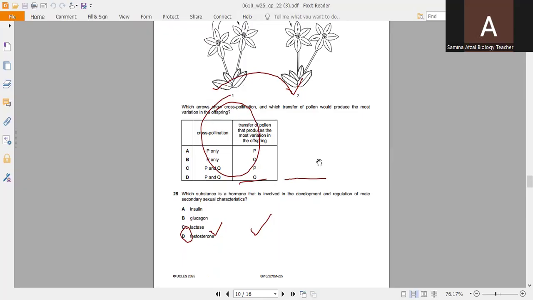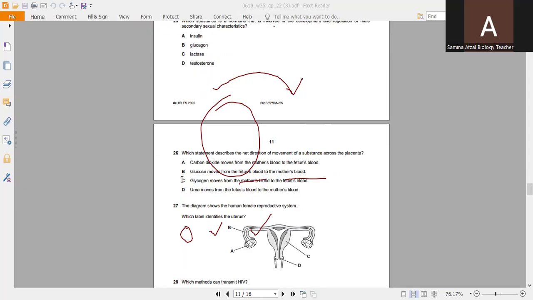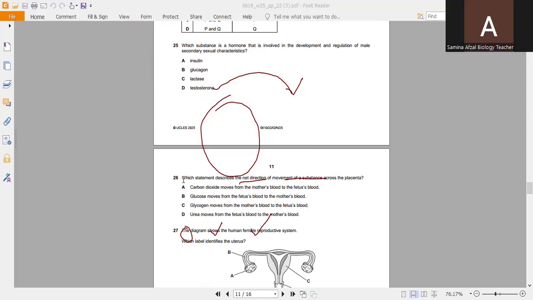Now I'm moving towards question number 25. Which substance is a hormone that is involved in the development and regulation of male secondary sexual characteristics?